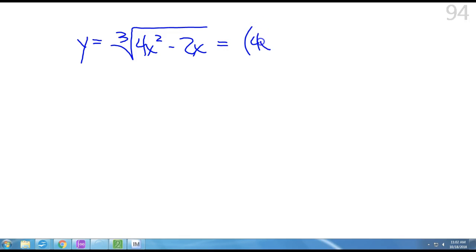We should make sure we're starting from the right spot here. What power is that? 1/3, right? Because the stuff in here is to the first, and you always do the inside over the outside.